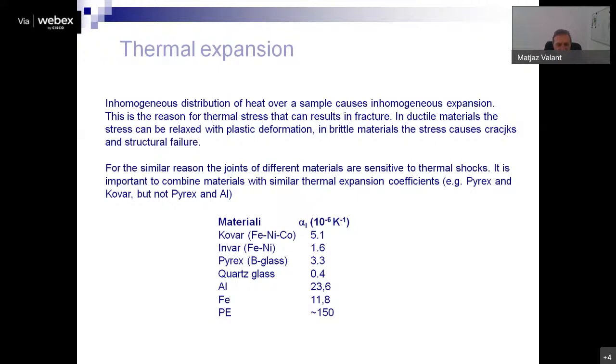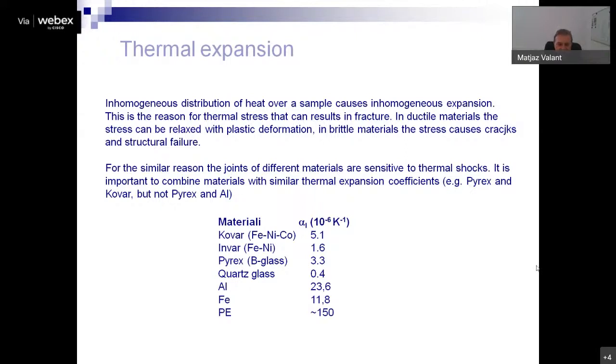So for that reason, when we weld together or join together two different materials, it is important that we are aware of that, and that we use only materials with similar thermal expansion coefficients.